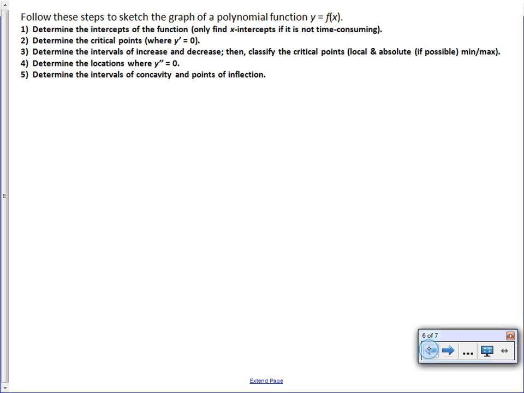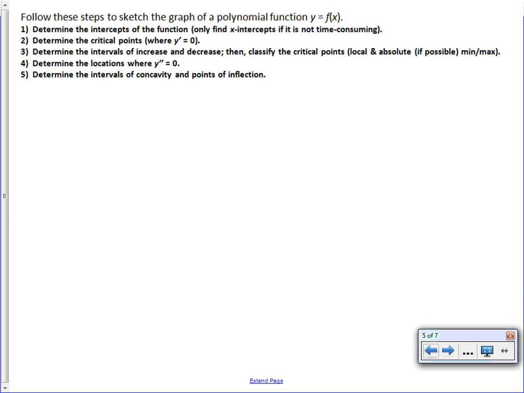So what we're going to do first is just say, here's the summary of all the things that we just did, just to get an idea of, if I have to sketch a polynomial function, what should I look for? So find the intercepts. Now, I put a little note there. It says only find x-intercepts if it's not time-consuming.